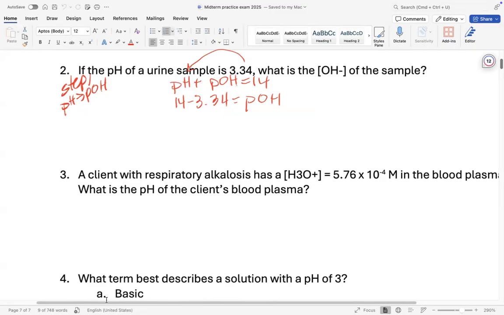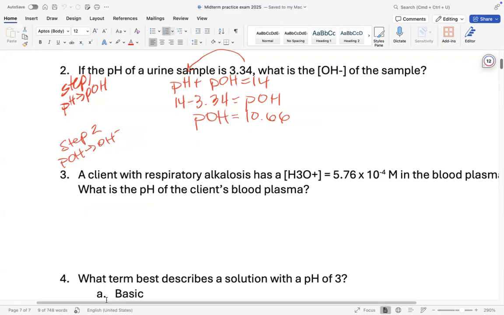And that is 10.66. All right, so that's our step 1. We found the POH. Step 2, we can now go from POH to OH minus.